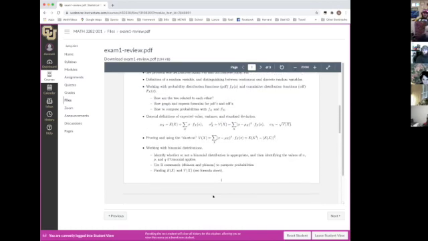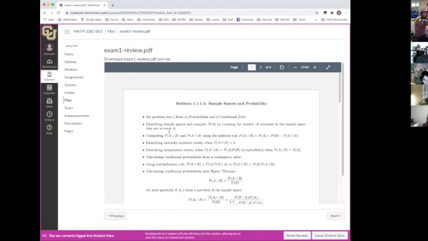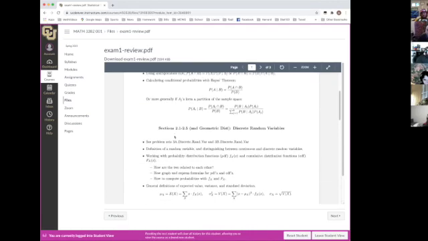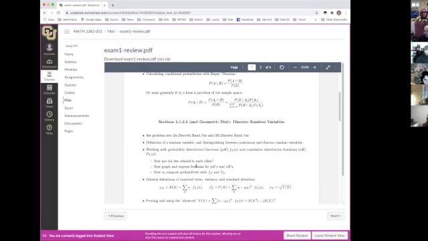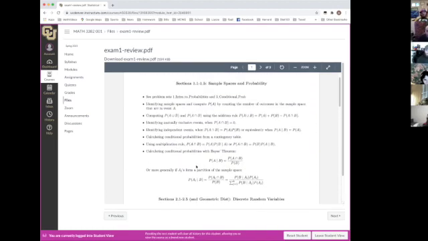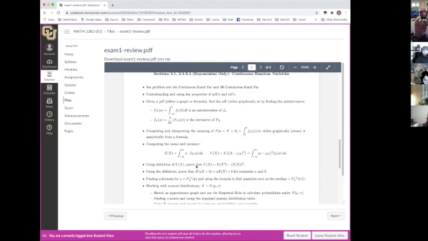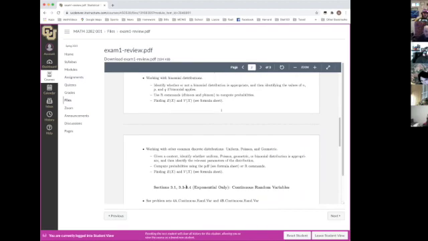So I would say it's going to be pretty evenly balanced between doing some stuff with probabilities and working with commonly used discrete and continuous distributions. We've done stuff in chapters 1, 2, 3 and 4, and I think it should be pretty evenly weighted in those. So at least one question from each of those chapters.